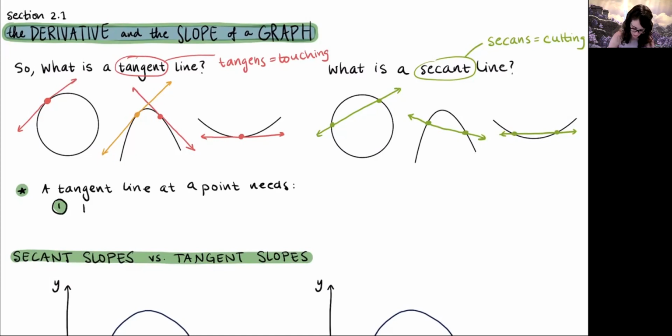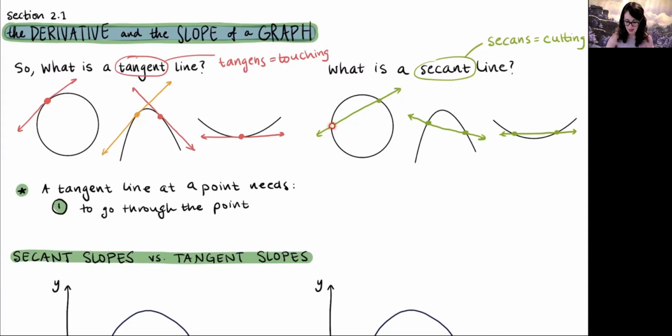So it has to go through the point. But that's not enough. It has to also have the right kind of slope. Like it has to have the right direction. It has to just touch the curve very gently at that point and then keep on going. It doesn't cut through the curve in a really abrasive way.